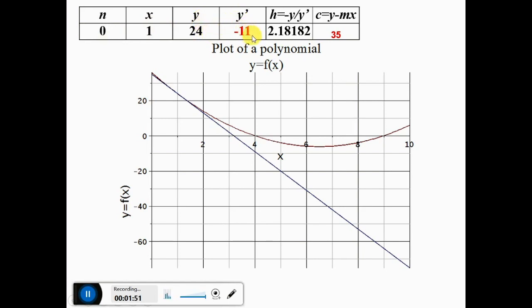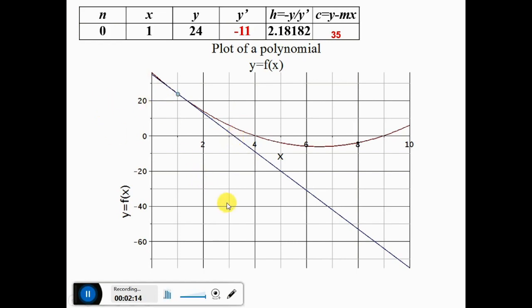y dash minus 11, and y-intercept is 35. Here you can look at this blue line, which makes a tangent at x equal to 1, intercepts the y-axis at 35, and it hits the x-axis at this point.